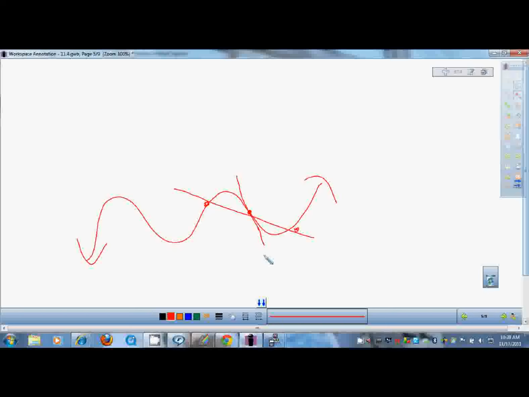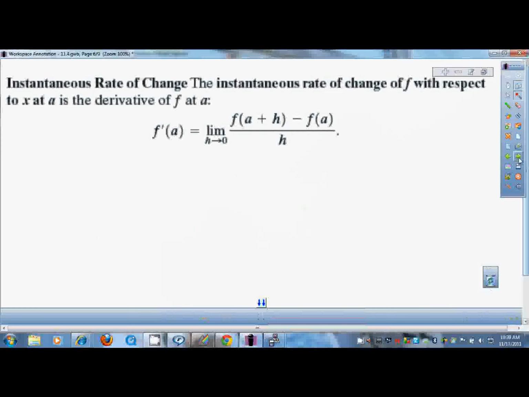Well, that is how this is going to tie into what we did with limits. Write down this formula, and I'll explain it. Write that down. Instantaneous rate of change. There's technically multiple formulas in the section, but I don't see the point of doing all of them. This formula kind of encompasses all of them. We'll just deal with that one formula.